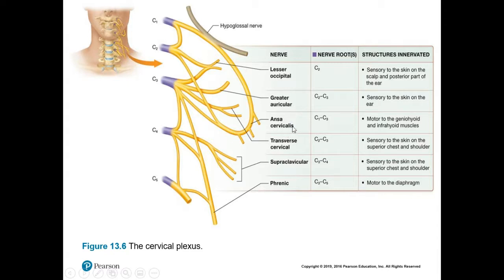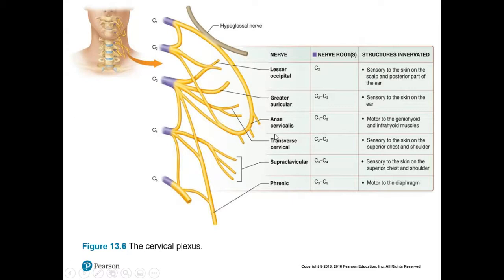Ansa cervicalis, that's C1 through C3. Notice how they start, right? They start kind of overlapping, right? So this one here is going to go and control muscles of the tongue. So underneath the tongue that have an origin on the hyoid bone, like the geniohyoid, the infrahyoid, those are controlled by the ansa cervicalis. Right? Next is the transverse cervical, C2 and C3. Again, a lot of overlap between these three.